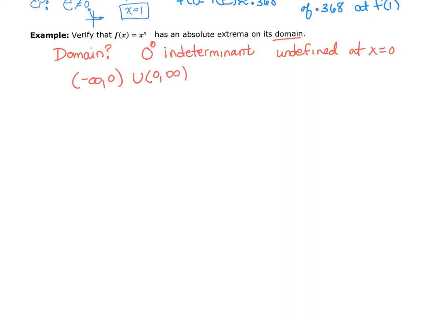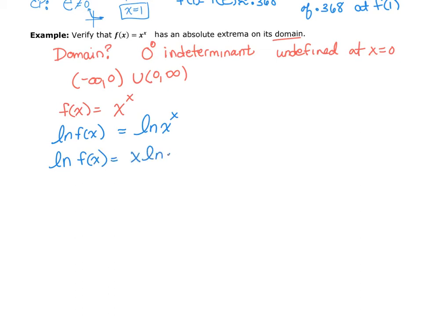We would now like to find the derivative of f of x. Well, f of x, x to the x, leads us to believe that we're going to have to use logarithmic differentiation. So I'm actually going to take the natural log of each side, and then I'll get the natural log of f of x equals x times the natural log of x.